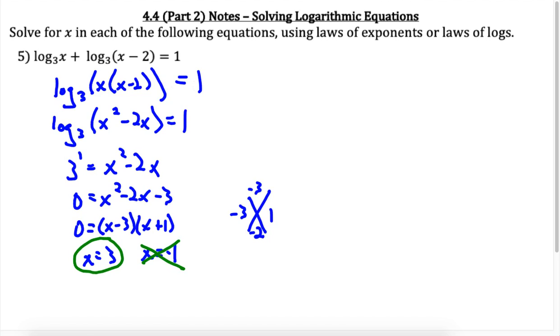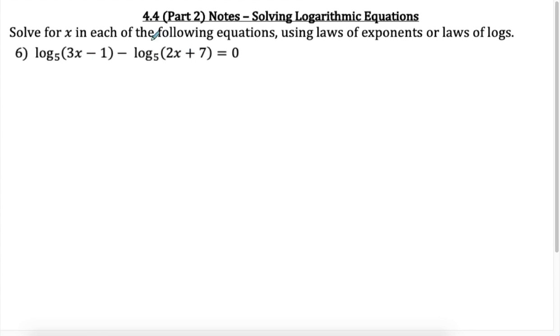All right. In the next example, again, we have two logs on the left side of the equation here. I need to combine those into a single log. Whenever I am subtracting, we would divide what's on the inside, right? So I can turn this into log base 5 of 3x minus 1 divided by 2x plus 7.